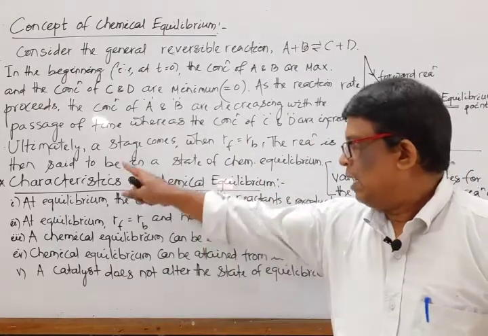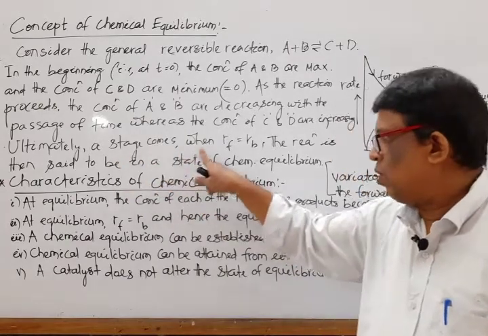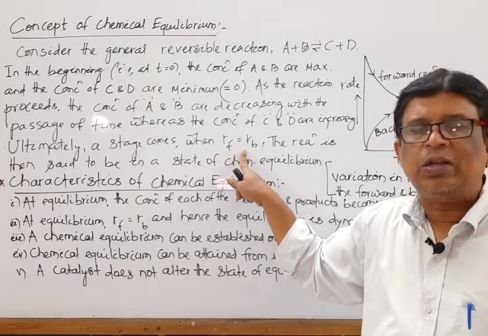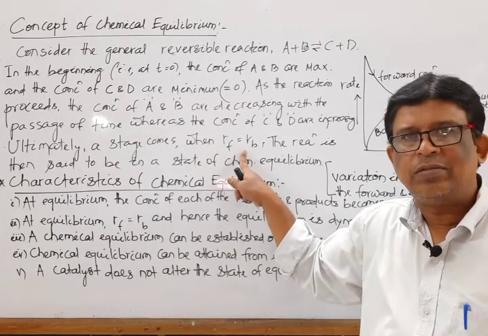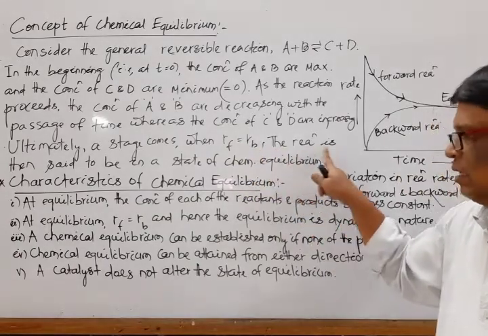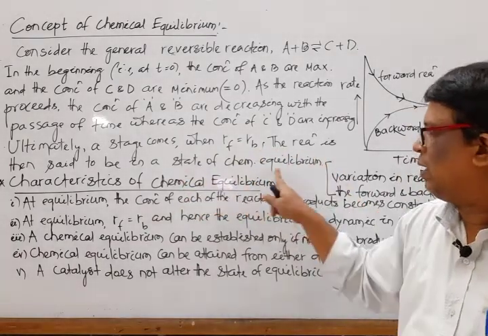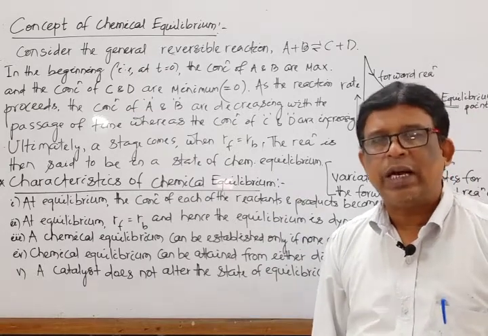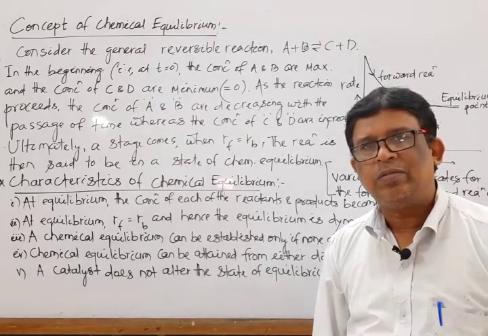Ultimately, a stage comes when the rate of forward reaction is equal to the rate of backward reaction. That means RF is equal to RB. Then the reaction is said to be attaining the state of equilibrium or the state of chemical equilibrium.